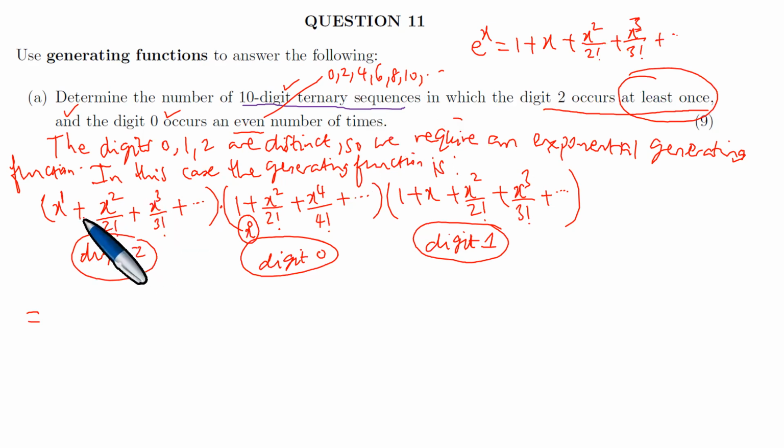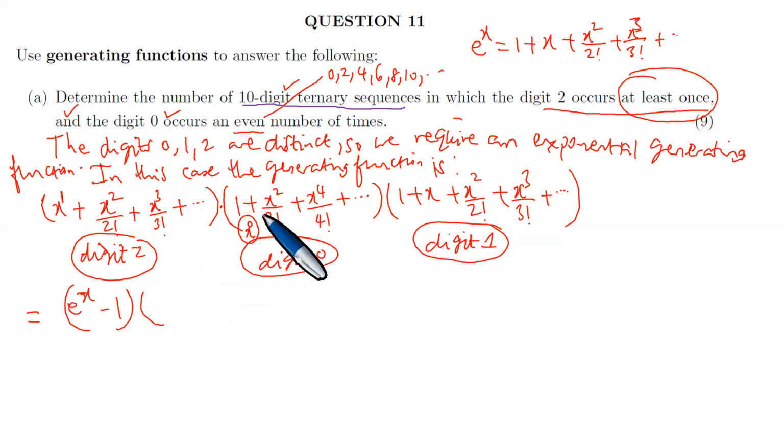Now, because it's for the digit 2, it starts from x. So you must move the 1 to the other side, so it becomes e to the x minus 1. Let's look at the next one, x squared over 2. This one is dealing with the even things.